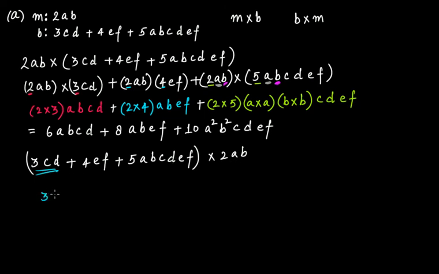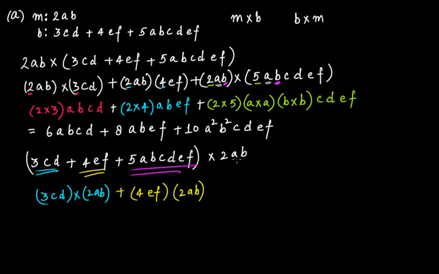So this is 3cd multiplied by 2ab, plus 4ef multiplied by 2ab, and then plus 5abcdef multiplied by 2ab.